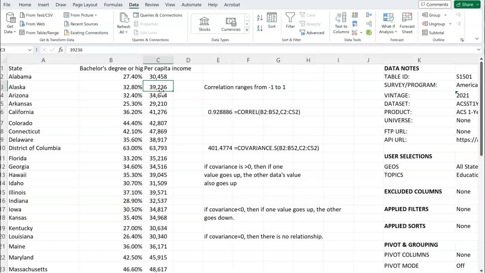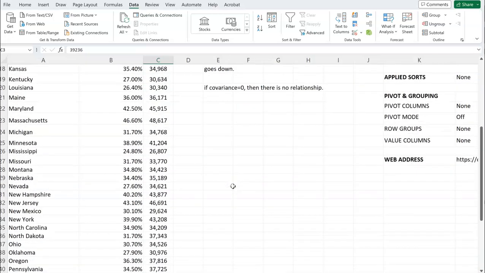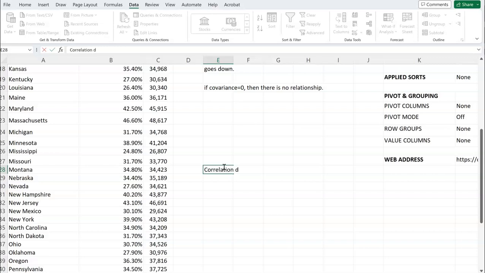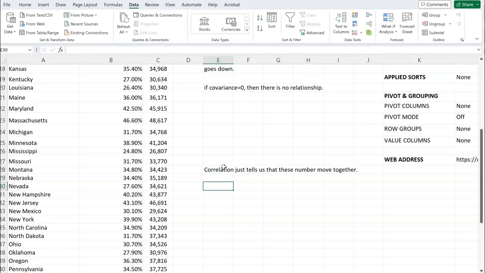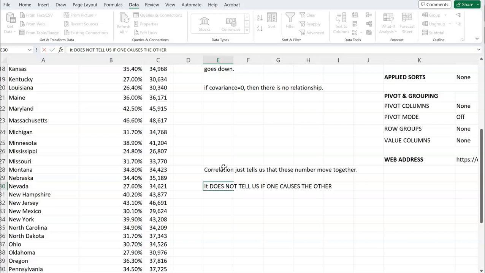Now, correlation does not mean causation, which means that correlation just tells us that these numbers move together. It doesn't tell us if one causes the other.